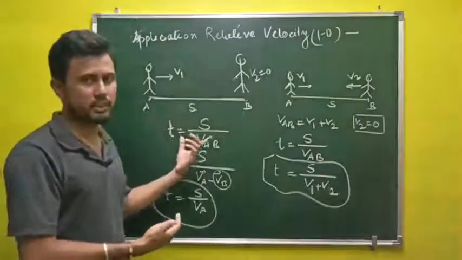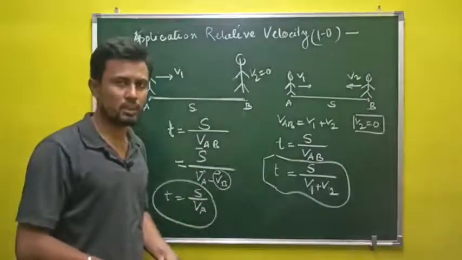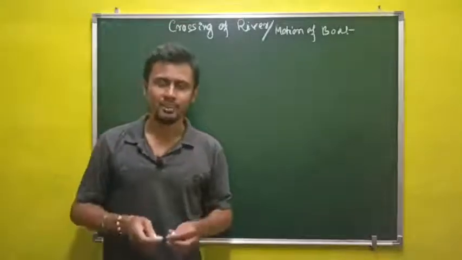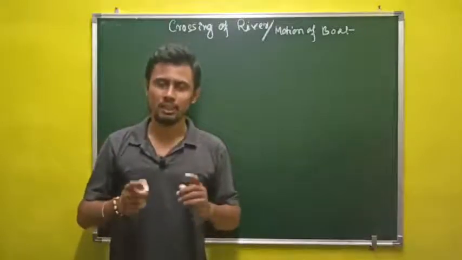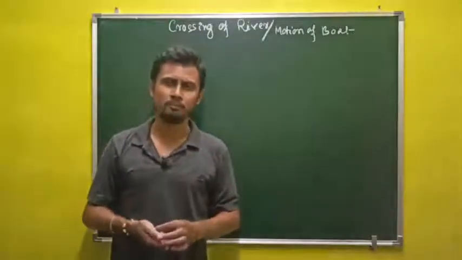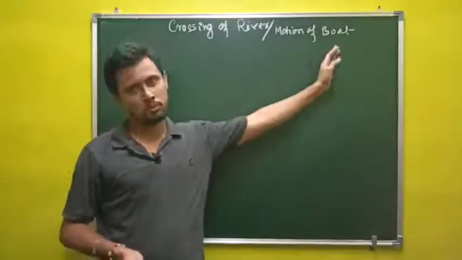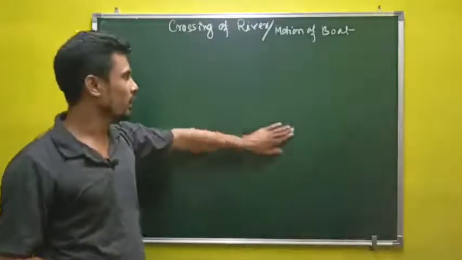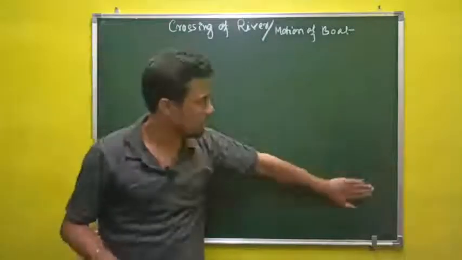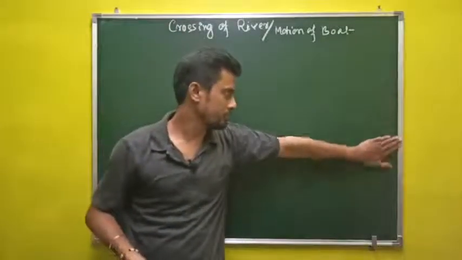So guys, now we'll discuss a specific type of topic, that is crossing of a river or motion of a boat in the river. In this case also we need the concept of relative velocity.